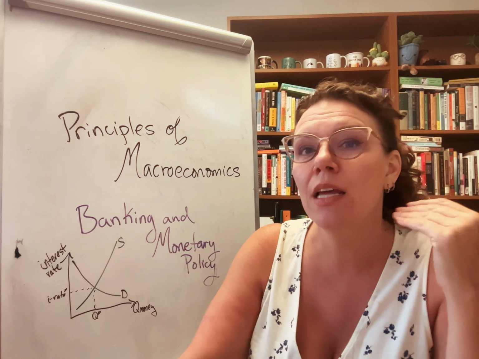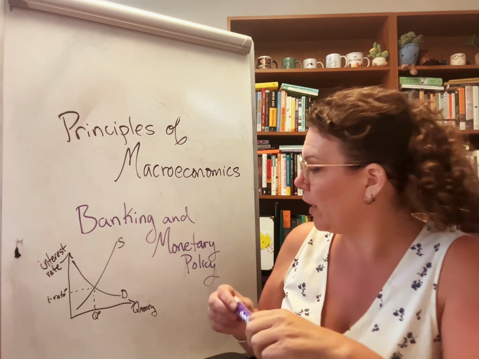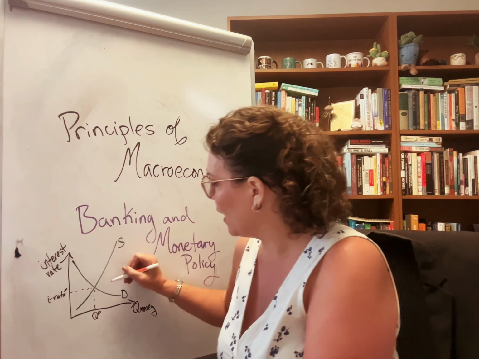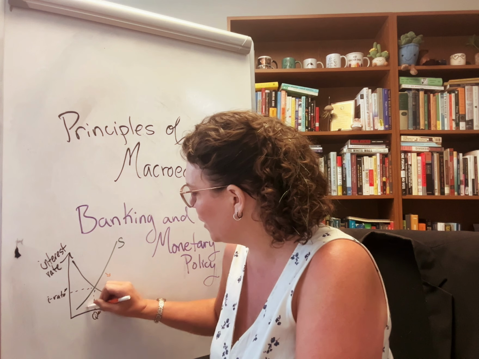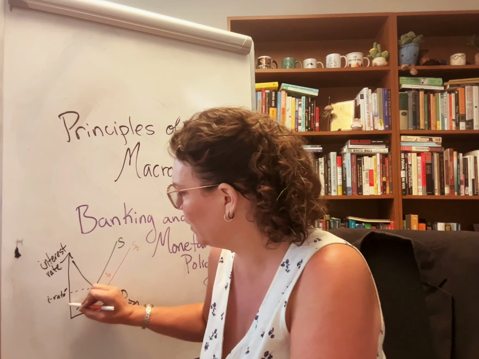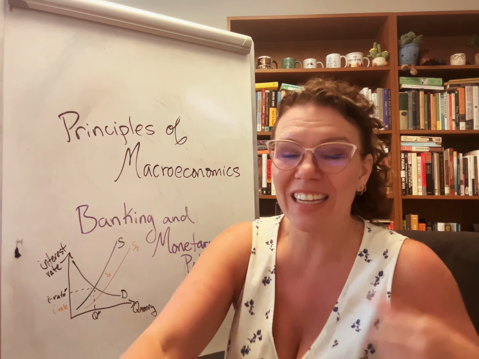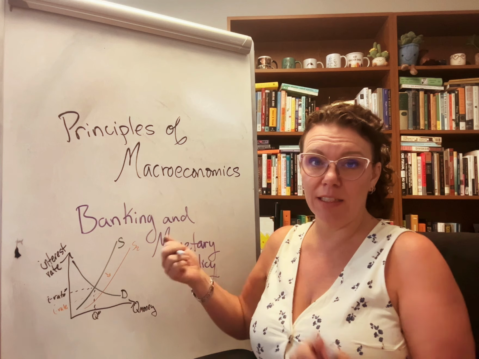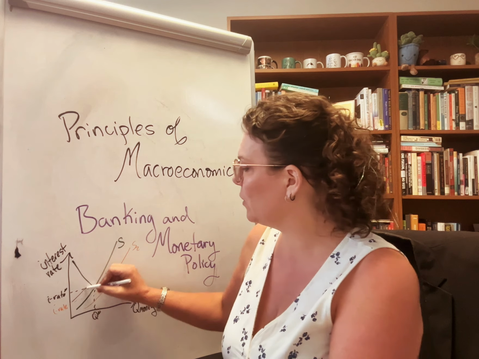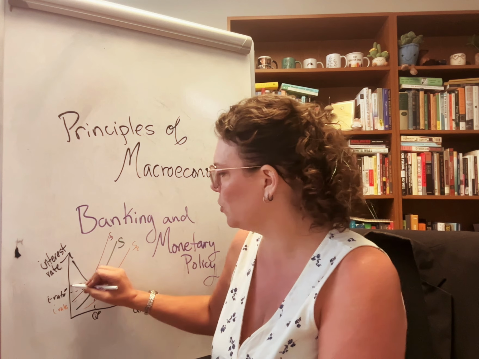And so what the central bank is going to do with monetary policy is try to either expand the money supply with expansionary monetary policy, which is going to lower interest rates, or contract the money supply with contractionary monetary policy, trying to shrink the supply of money and raise interest rates.